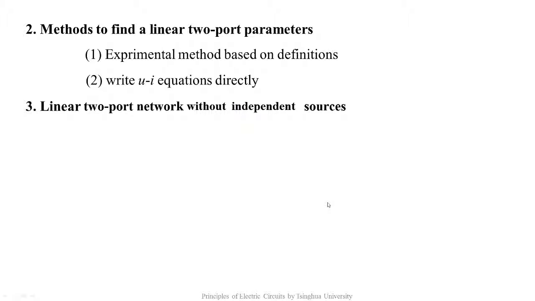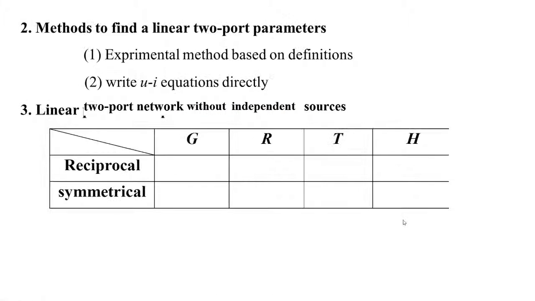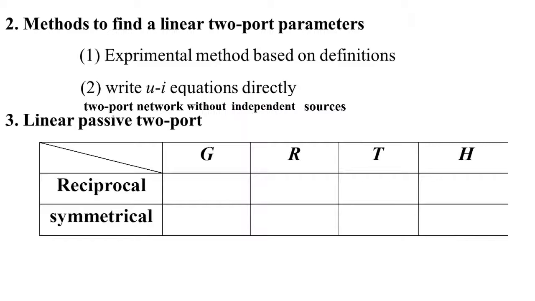Thirdly, for a linear two-port network without independent sources, if it's a reciprocal two-port or a symmetrical one, it should satisfy some conditions. Let's summarize them. For a reciprocal two-port, G12 equals G21.